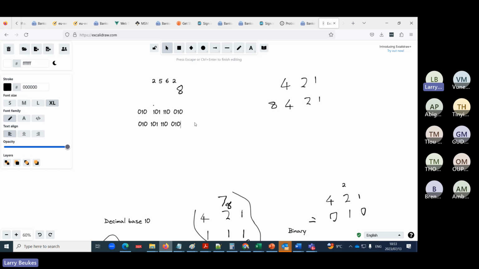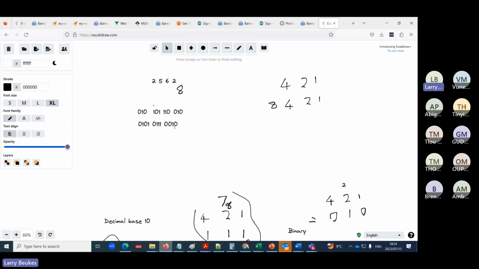So your first 4 will be 1, 2, 3, 4, right? So it will be this one, 0, 0, 1, 0. That's the first 4. Then the second 4 will be this one. Agree? 1, 1, 1. And then the last one will be this one.